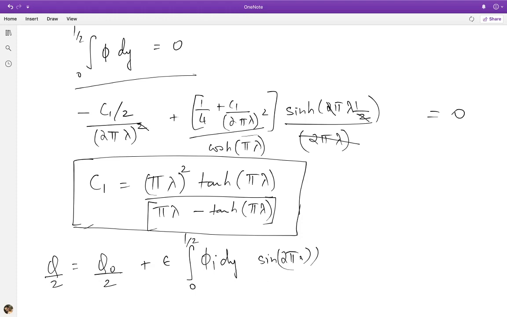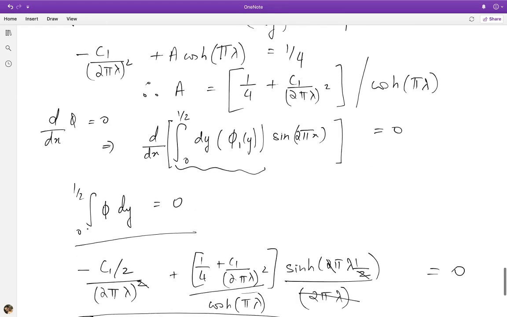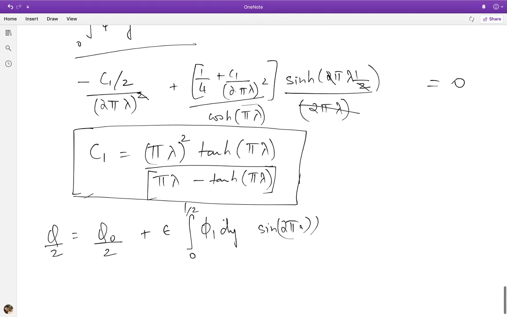But as my condition implied earlier, this is exactly 0. This makes sense because u1 has no component that is independent of x, so it cannot make a contribution to the flow rate, otherwise the flow rate would become x dependent. This is 0, and therefore I have no correction to the flow rate at order epsilon.